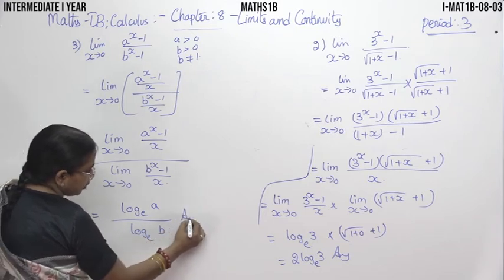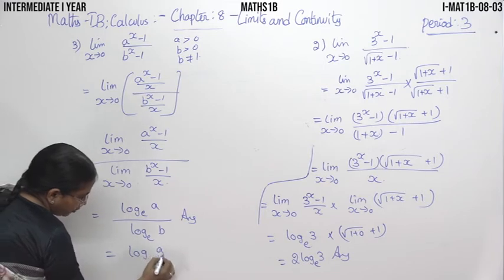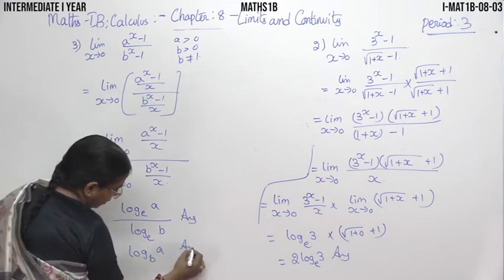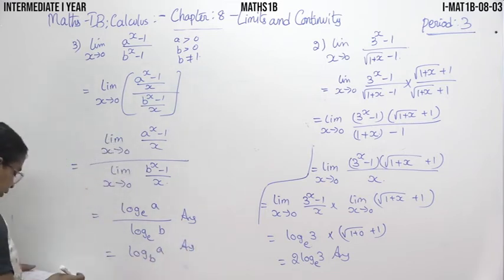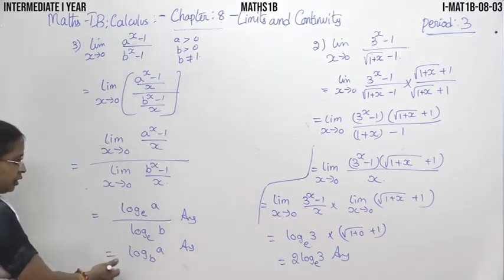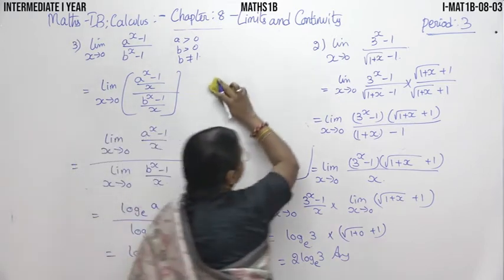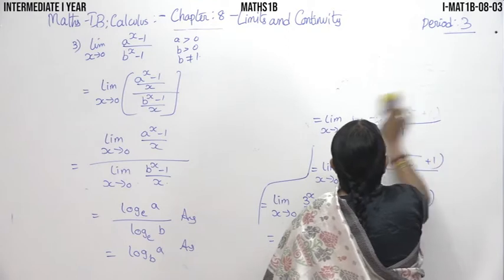You can leave your answer like this, or you can also write it as log a to base b according to the properties of logarithms. So you can write your answer in any form, either this or this. Okay, this problem is very important.